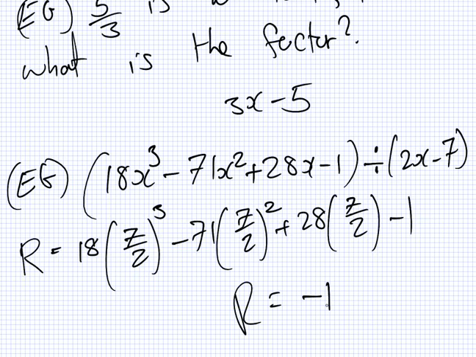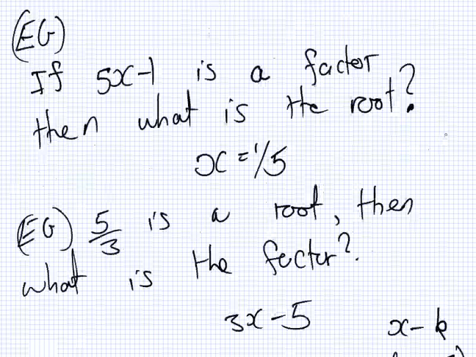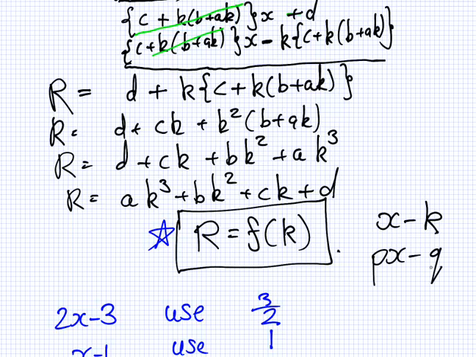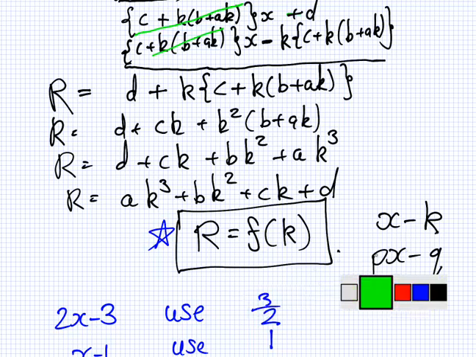Let's have a look at some examples. So something easy first. If 5x minus 1 is a factor, then what is the root?